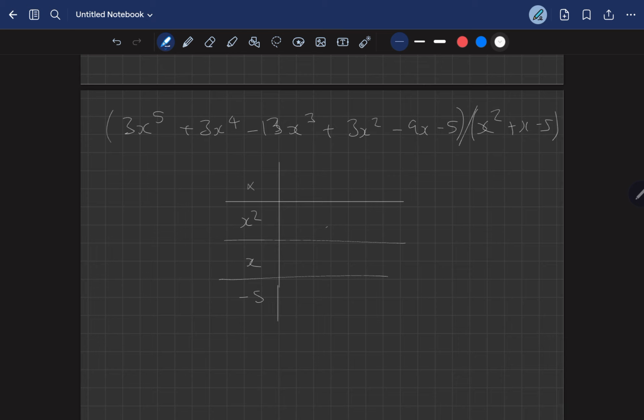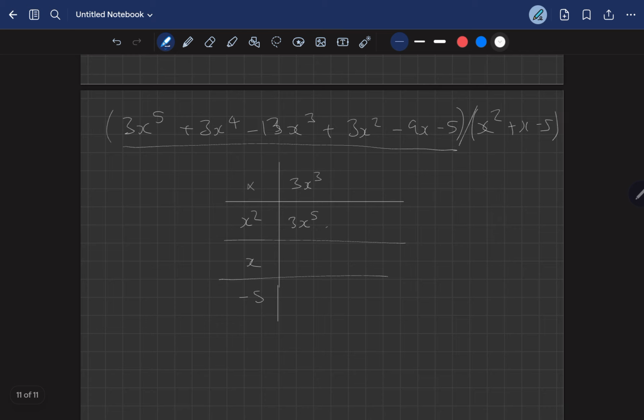Now, we have to fill up the grid with this term again right here. Let's start off with our largest term, 3x to the 5. Let's put that right here. What do you have to times x squared to get 3x to the 5? 3x to the 3, because 3x to the 5 divided by x squared is 3x to the 3.